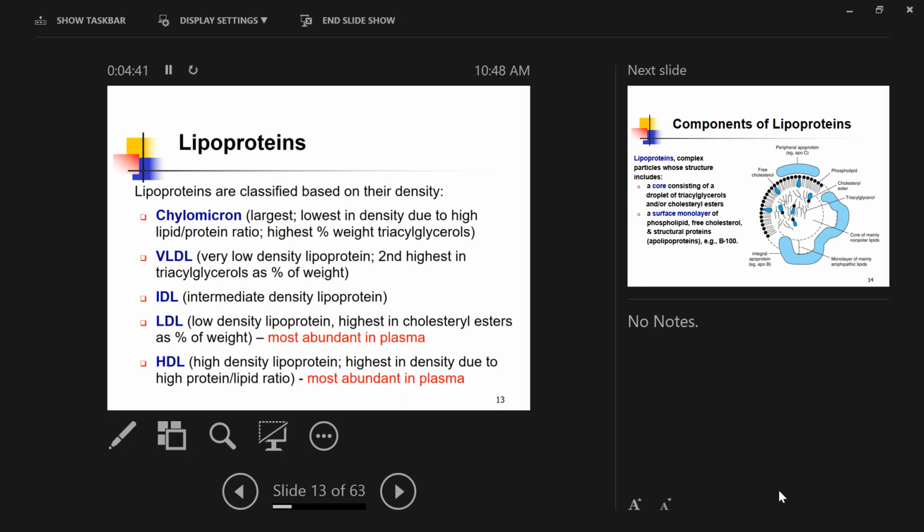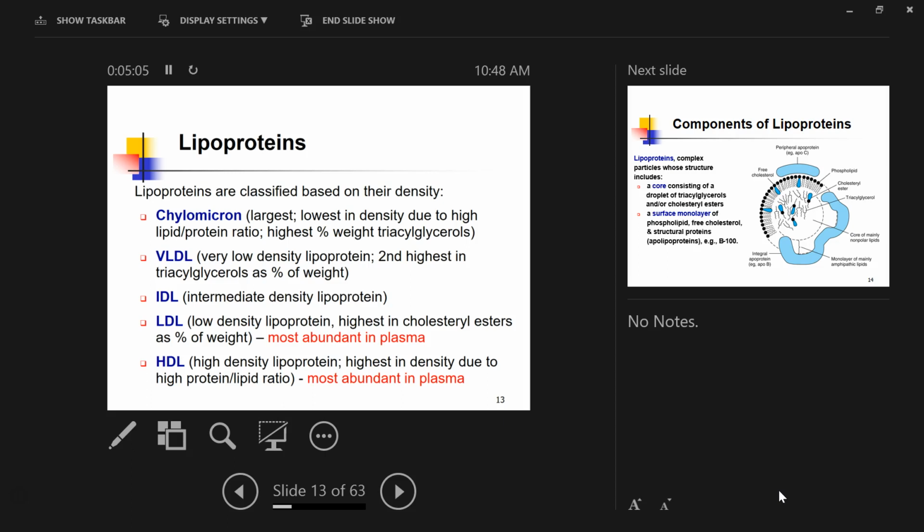And why do we need 5 different, or basically 4 different lipoproteins? Because we have different types of lipids, right? Triglyceride, cholesterol. So we need different types of lipoprotein to carry or transport different types of lipids.